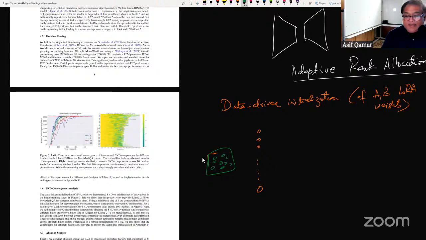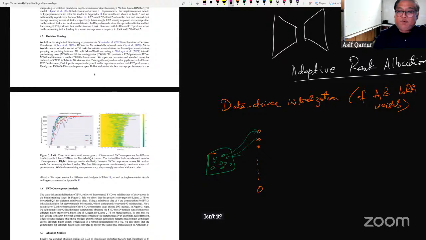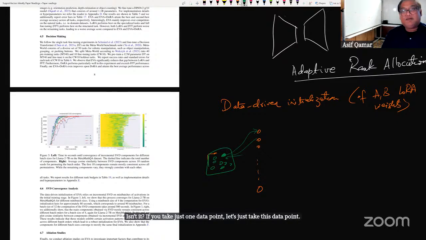Now, each of these data points will go through this. What will happen through each of the neurons? Each of the neurons will produce its activation, isn't it? If you take just one data point, it goes through all of them.